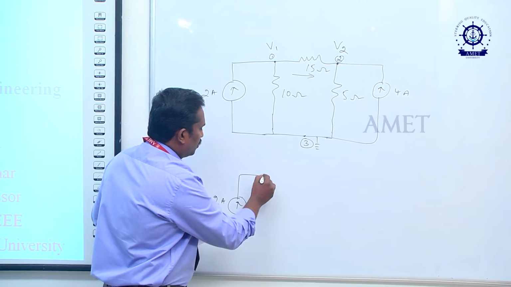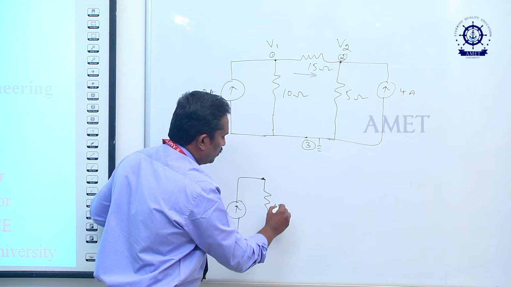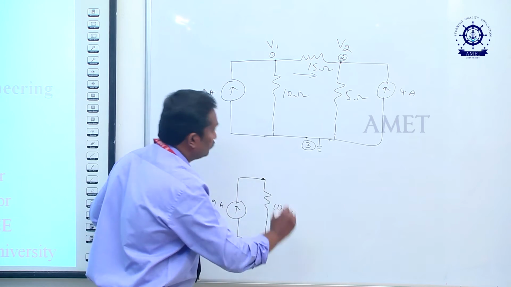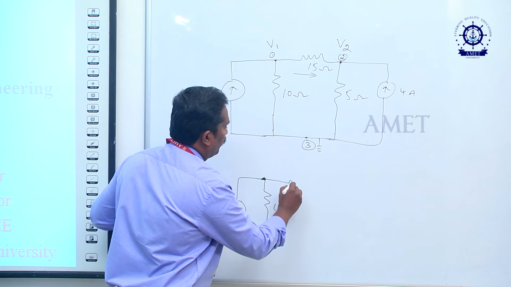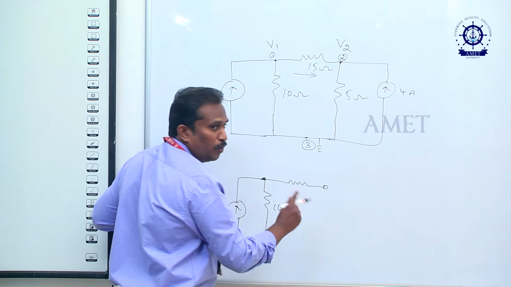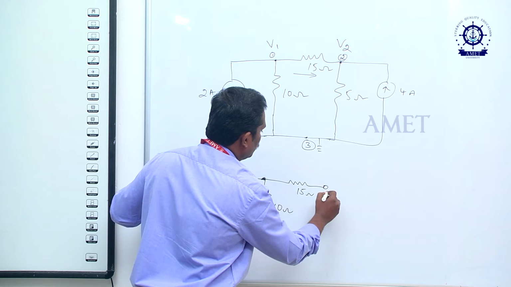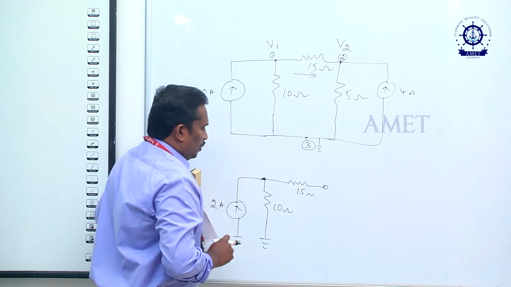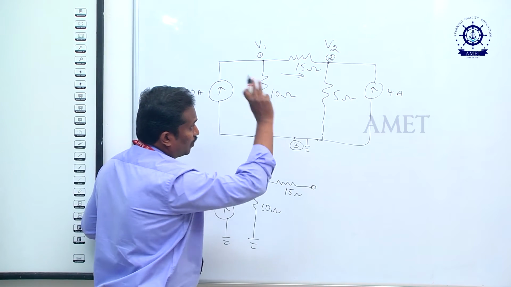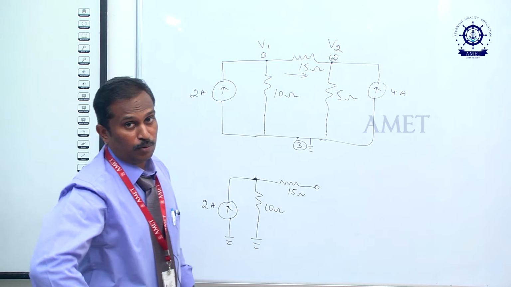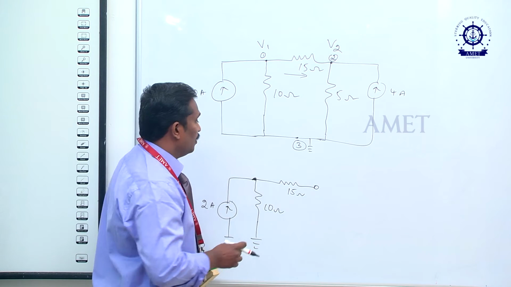Here, the 2 ampere current source is connected, and one 10 ohm resistor is connected, and then one 15 ohm resistor which is connected between node 1 and node 2. So this is node 2. The current source and the 10 ohm resistor are connected to the ground node, whereas your 15 ohm resistor is not connected to the ground node. That is very important, you have to notice that.